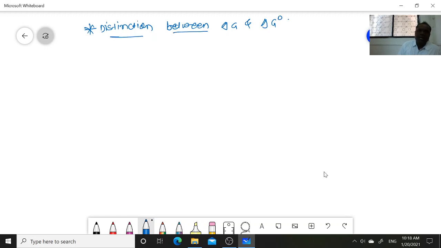Now we can write, as we have learned many times, delta G is equal to delta G0 plus RT ln Q.